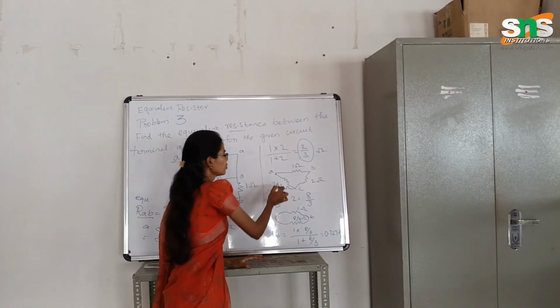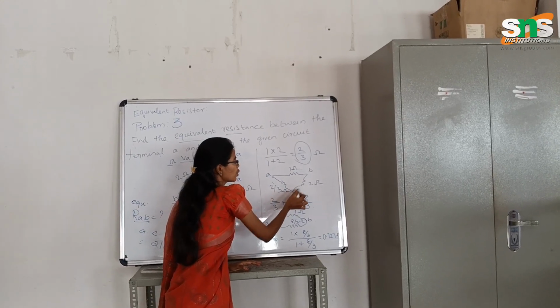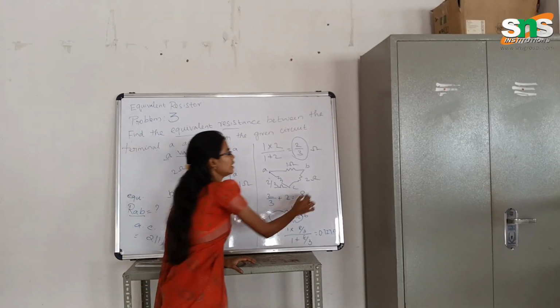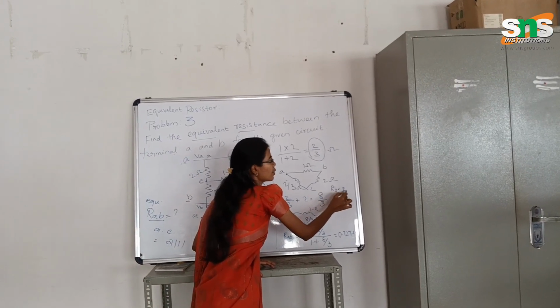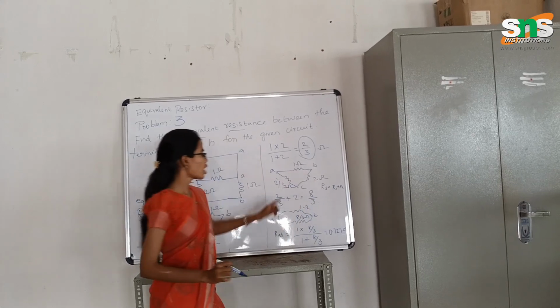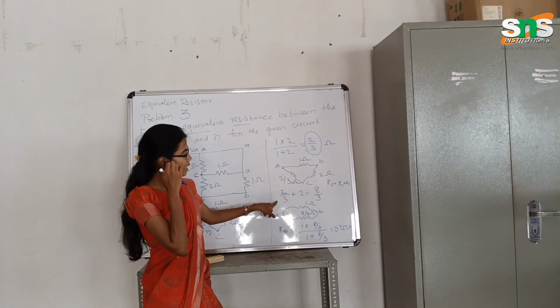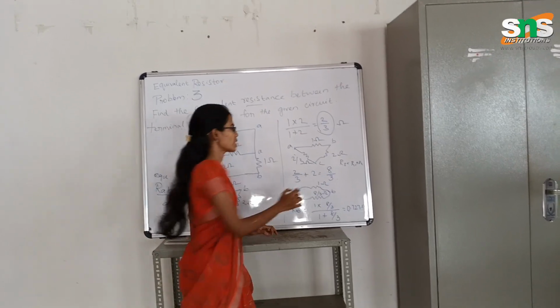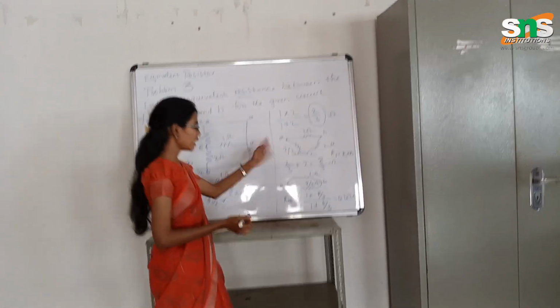Here this 2 by 3 ohm and the 2 ohm resistance are connected in series. So we apply the series formula, R series equal to R1 plus R2. R1 is 2 by 3 plus the 2 ohm resistor, and we get 8 by 3 ohms resistance.